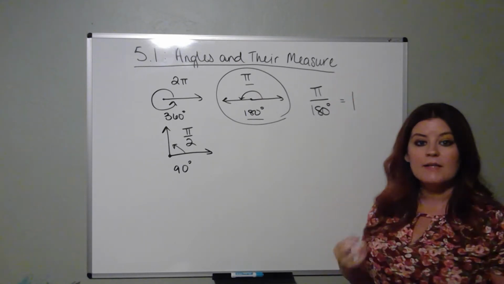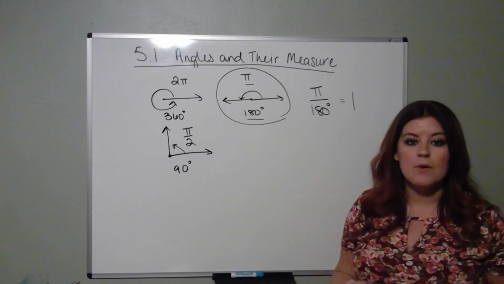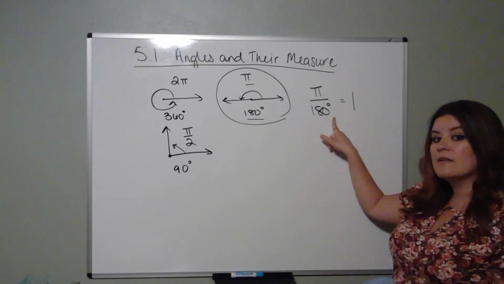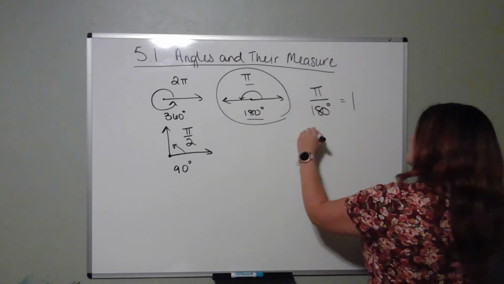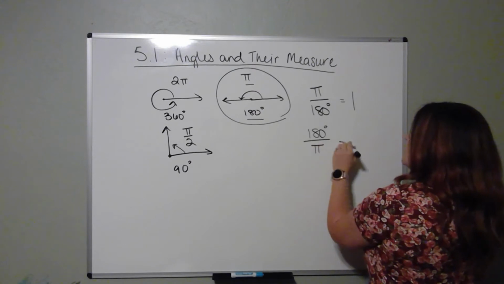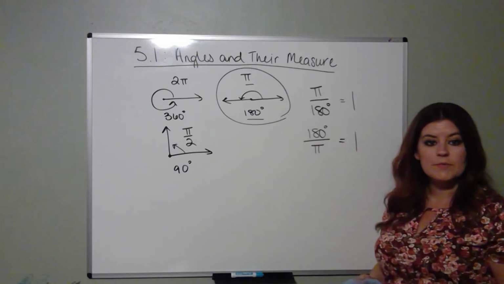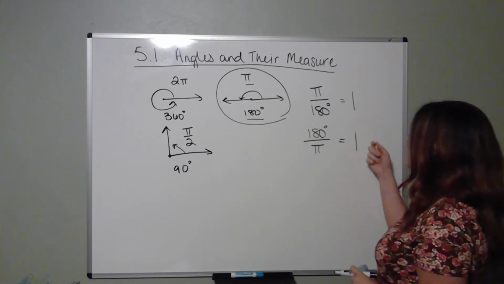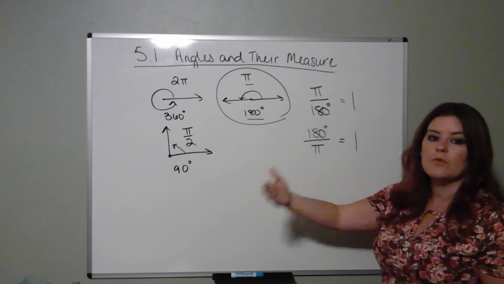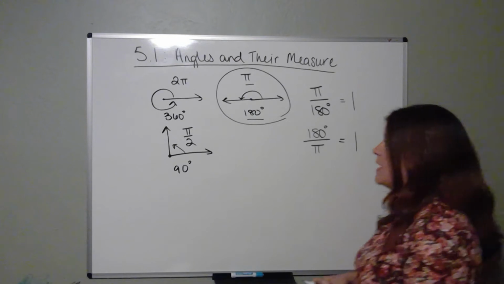So they are technically equivalent on top and bottom. We are going to use this fact, and if pi over 180 degrees equals 1, I would say 180 degrees over pi also equals 1. So you guys, we have two fractions that are equal to 1. These are what's going to get us back and forth between degrees and radians, and I'll show you how.